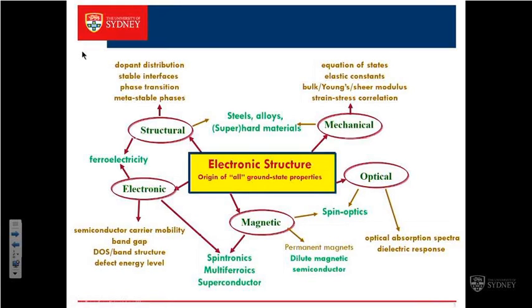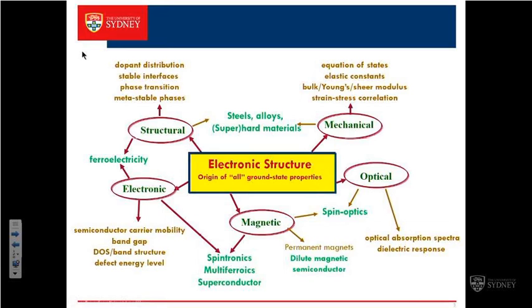It's written here, spintronics and multiferroics. Multiferroics is where you have, for example, magnetism at the same time as being a ferroelectric. And superconductivity. Nowadays we can study, calculate and predict superconducting transition temperatures. If I get time, I'll show you an example of that.